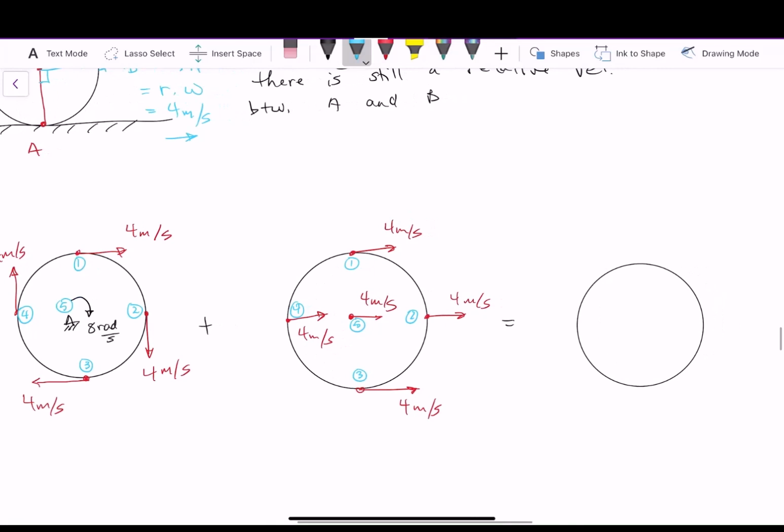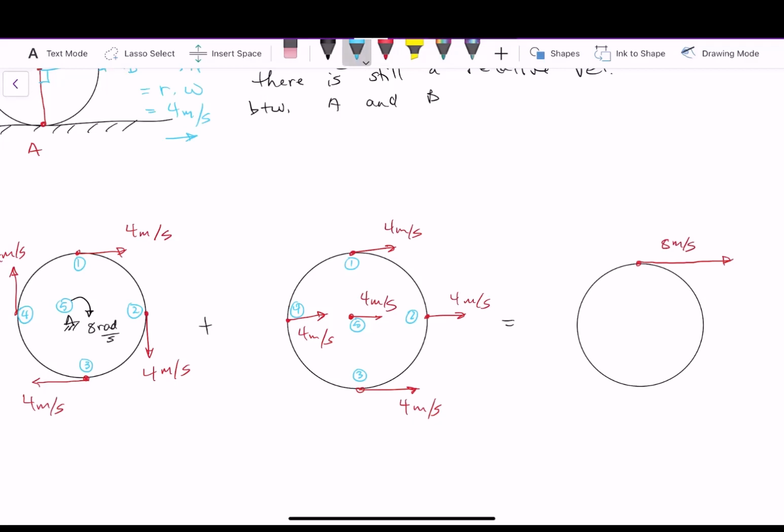We're going to take a look at position 1. They are both moving at 4 meters per second to the right. Because of the rotational component, 8 rads per second times the radius arm gives us 4 meters per second to the right. We also know that this entire wheel is translating at 4 meters per second. So we add those up, and we just get a total of 8 meters per second to the right at that point.